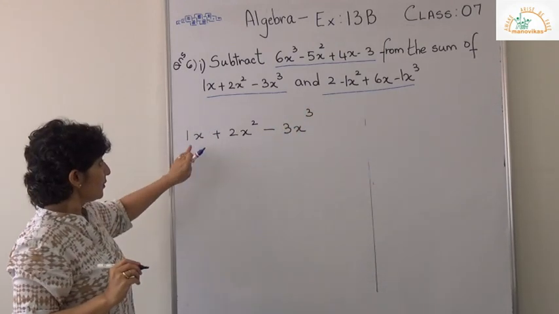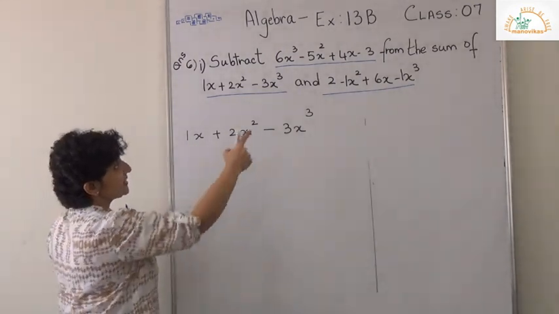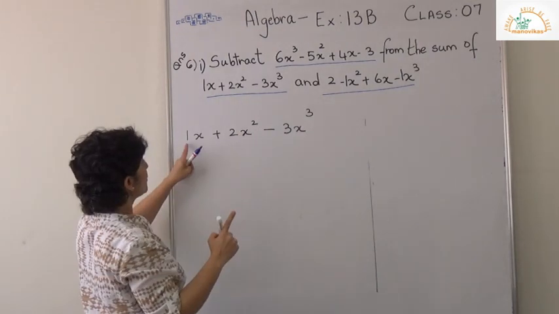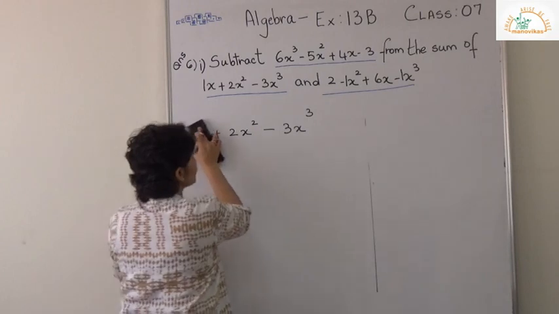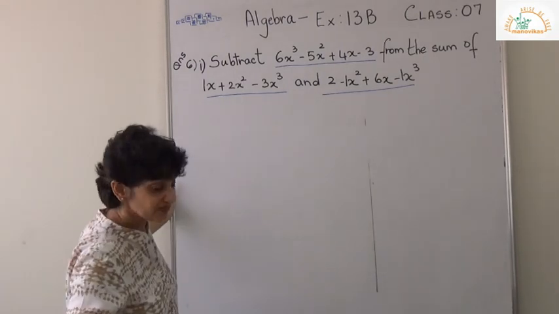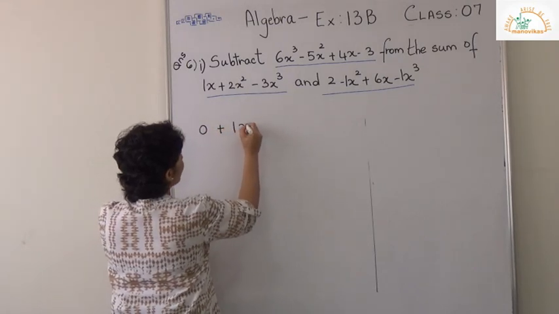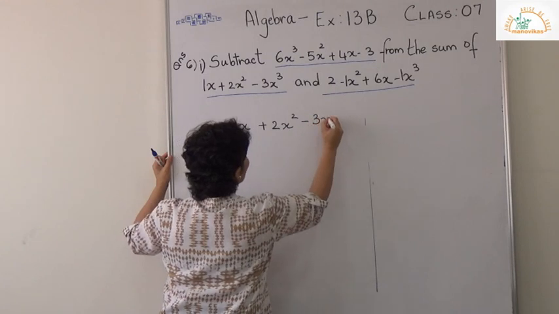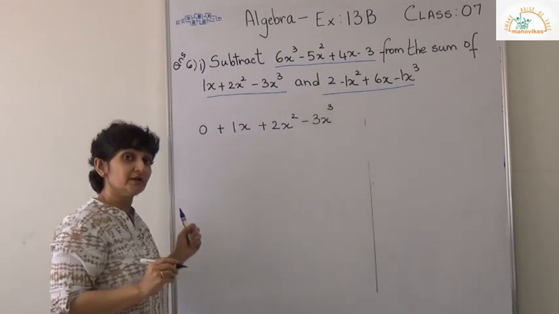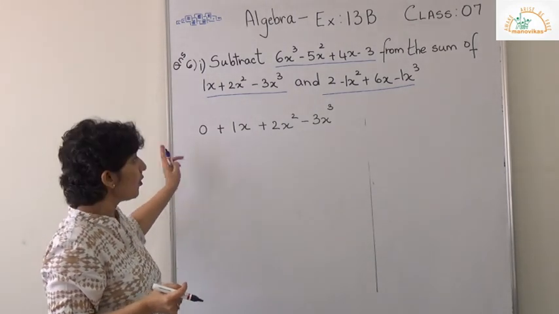Now I have gone backwards. Now next I have 2. There is no 2 here. So what I need to do is, let's rewrite this again. Since there is no number, I'll put it as 0 plus 1x plus 2x squared minus 3x cubed. Earlier I told you children, you need to put the highest degree. So either I start with the highest or lowest.